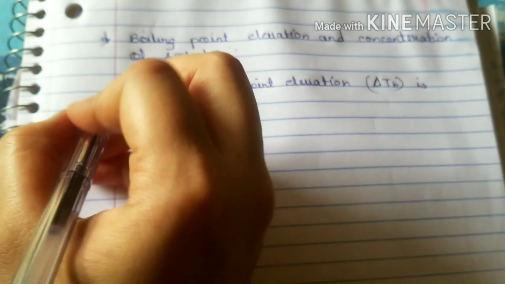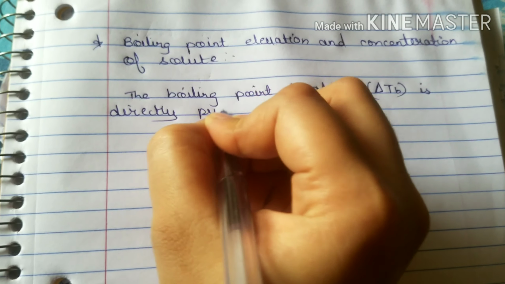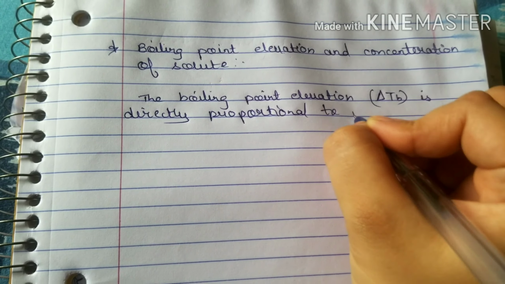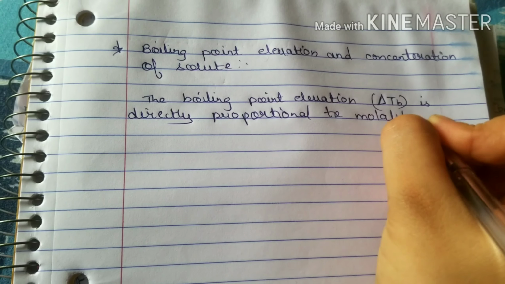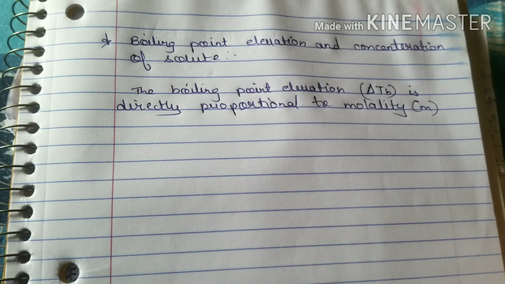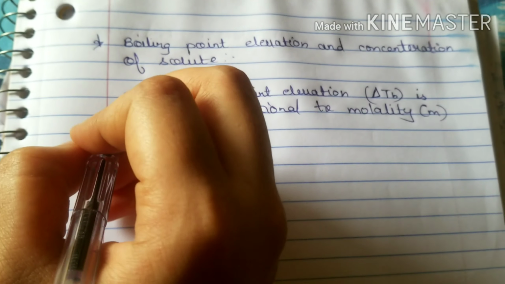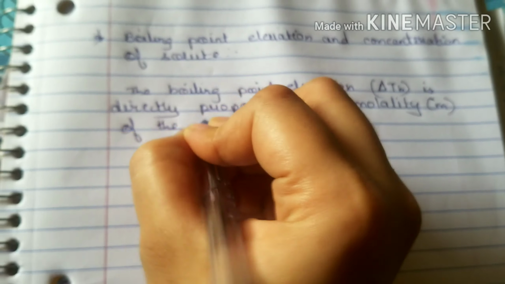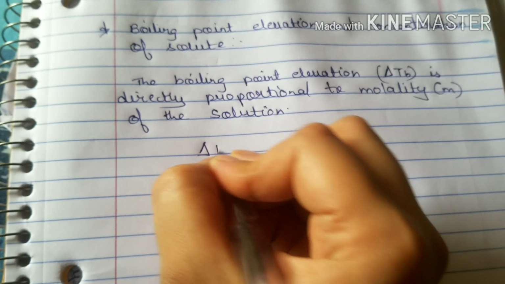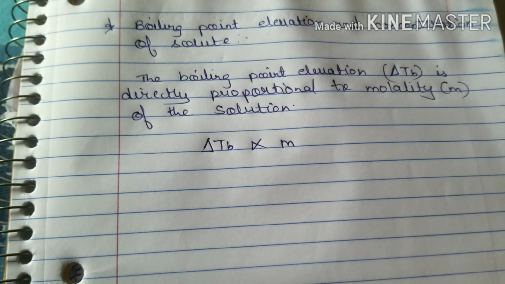Okay, so the boiling point elevation is directly proportional to molality, and molality is denoted by small m. Molarity is denoted by big M. Okay, so it is found to be proportional to the molality of the solution. So can I write as delta TB is directly proportional to small m, right?